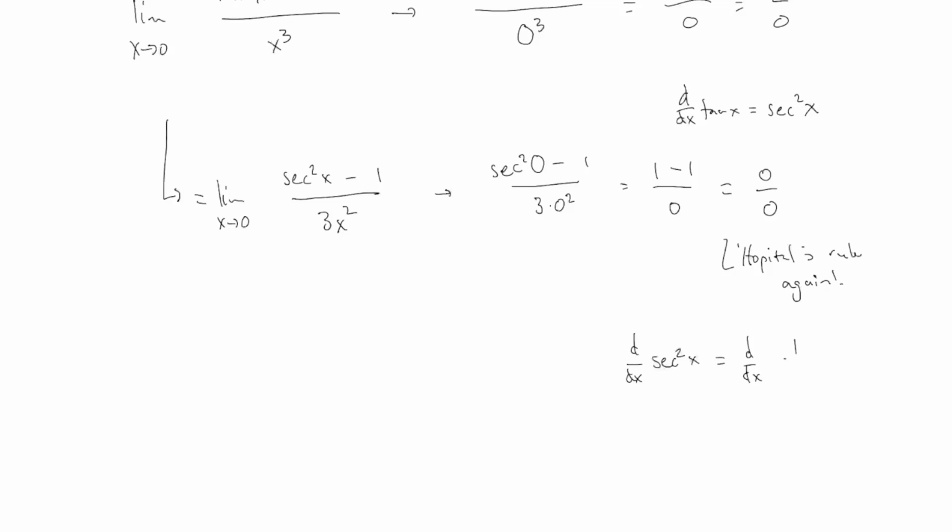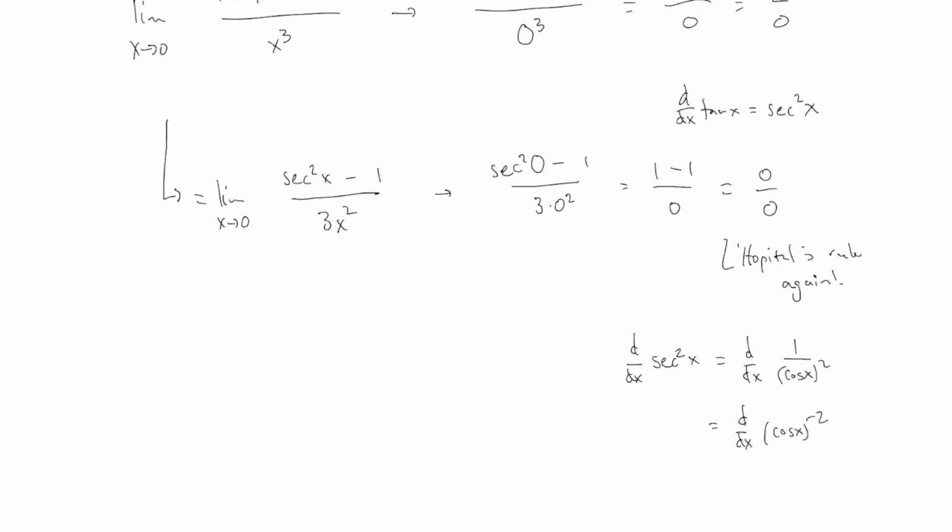So this is 1 over cosine of x, squared, like that. You could write it this way. And then from here you could do the quotient rule, I suppose, because that looks like a fraction. Although, because it's a 1 on top, maybe the most convenient way to do this would be to write it as cosine of x to the negative 2, and then take the derivative of that using the chain rule. To me, that's a little easier than doing the quotient rule, although you could do either way.